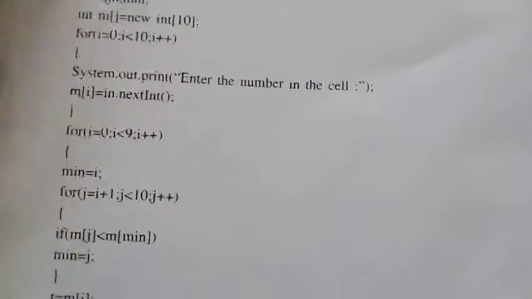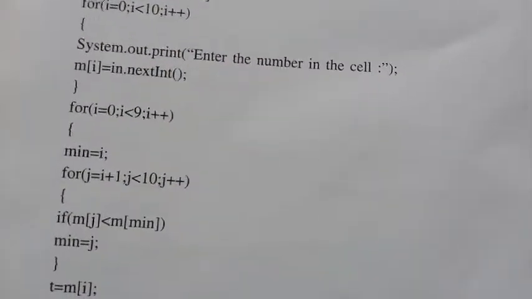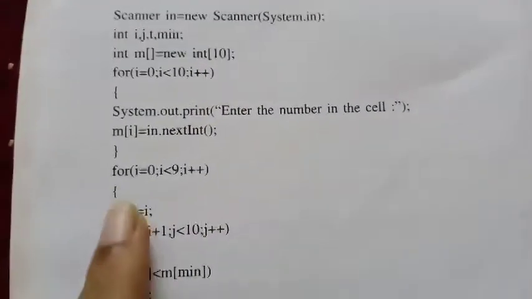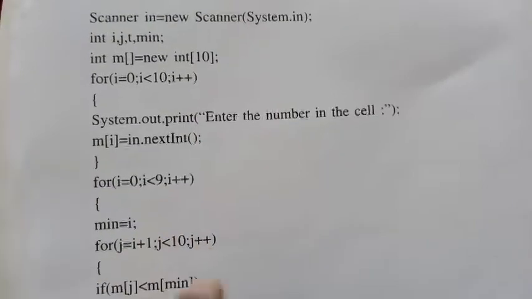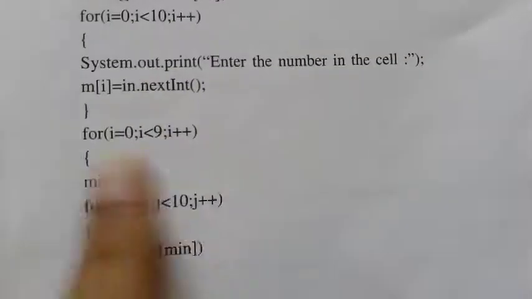Next what we are going to do is, again we have another loop, for i is equal to 0, i less than 9, i plus plus. Why we have given i less than 9 is, we are going to have only 0 to n minus 1 iterations to find the numbers.